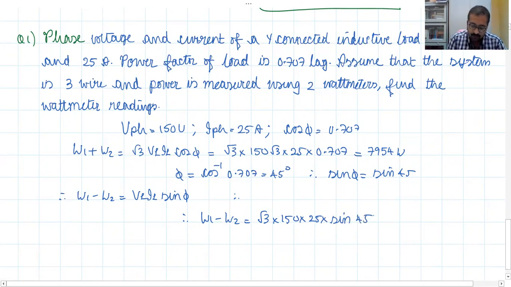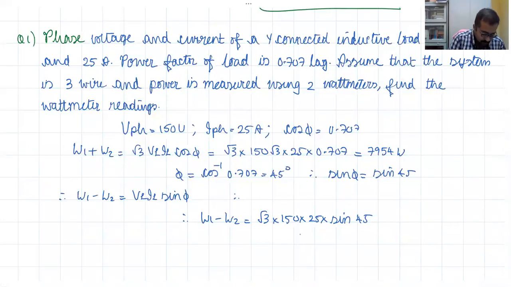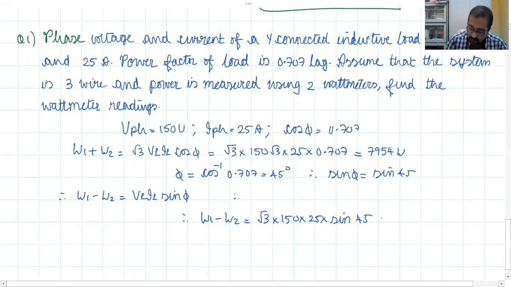So we have two equations and two unknowns. This can be substituted. If you do this, root 3 into 150 into 25 into sin 45, how much will you get? That will be close to 4592.79, close to 4592 watts. With two equations and two unknowns, it can be solved.